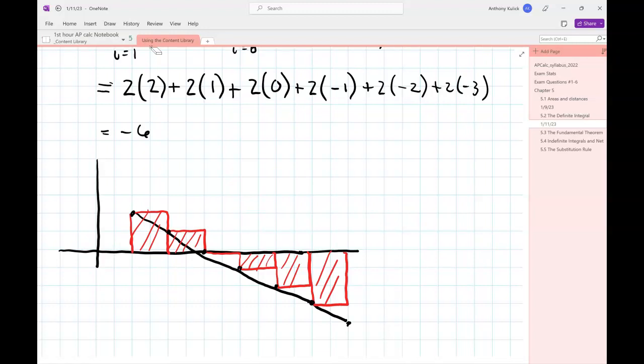And we could actually calculate the area under this curve quite easily geometrically if we had wanted to and not had to approximate it, but that's our approximation.